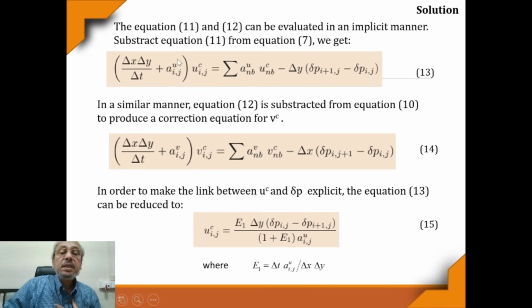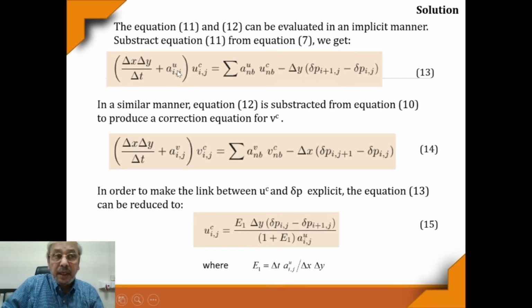Aiju is the coefficient of the velocity correction term, and this coefficient is the same as when we wrote Uijn. When we derived the U momentum equation, we had a term by term expansion of Aiju.